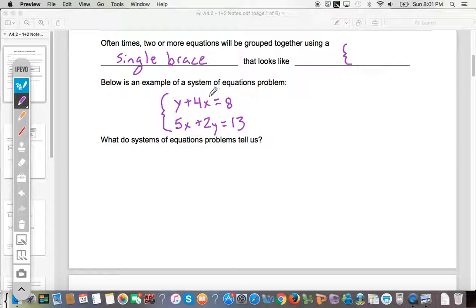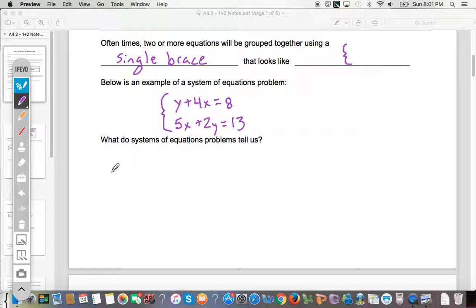Okay, and of course, in this system, we have an x here, an x there. Okay, x will represent the same number. So if x equals 2, then x equals 2 up here, it also equals 2 down here. Okay, and the same thing for the y's.